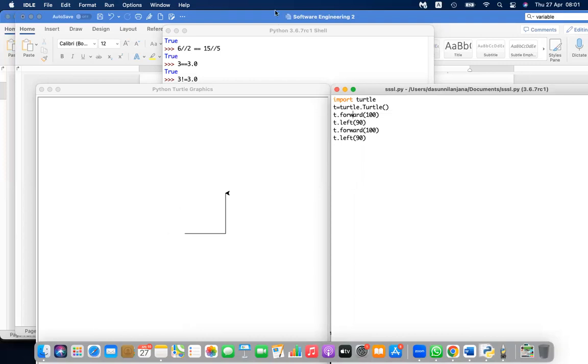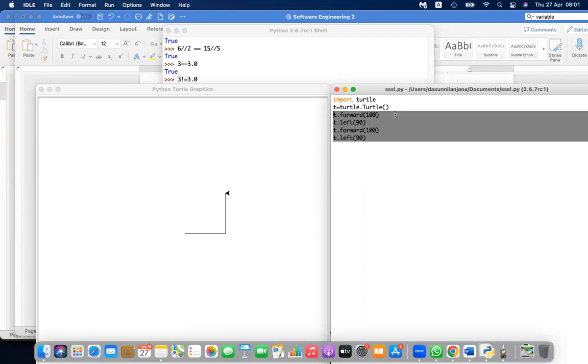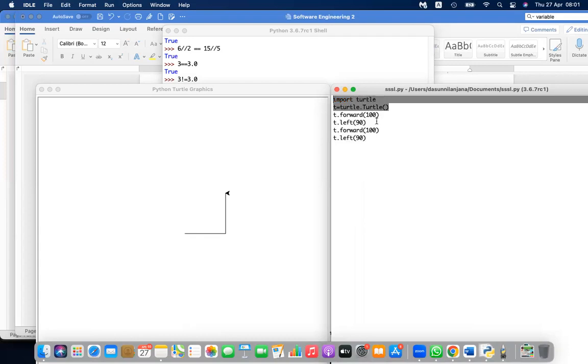I put import turtle, but nothing happened. Yeah, nothing happens. You have to write the remaining codes too. This is importing turtle and this is creating the turtle object. After that, this part will work. This part will do nothing. This part is just importing, adding things.